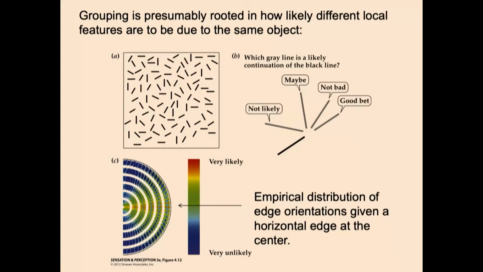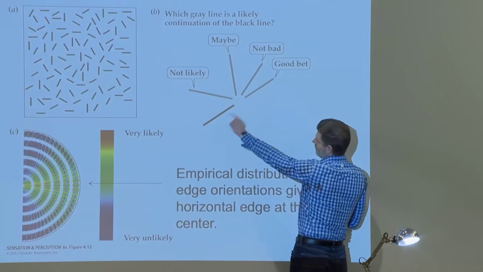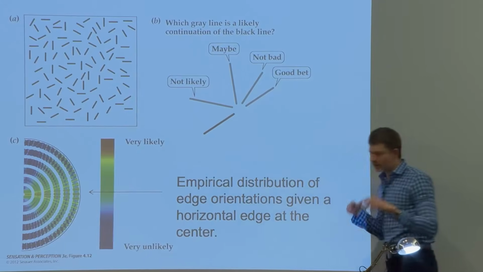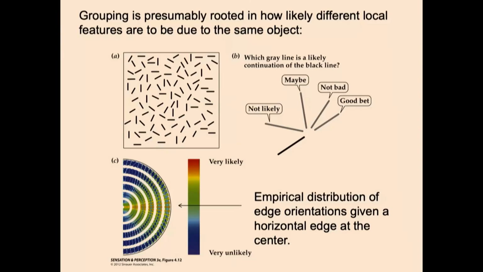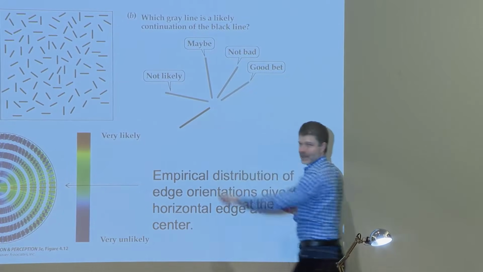Okay, and so here's the essential idea: we've got a line segment here and then a bunch of other line segments. Okay? And we can ask, just given the nature of images in the world, what is the likelihood that each of these other four line segments is actually part of the same thing as this line segment.